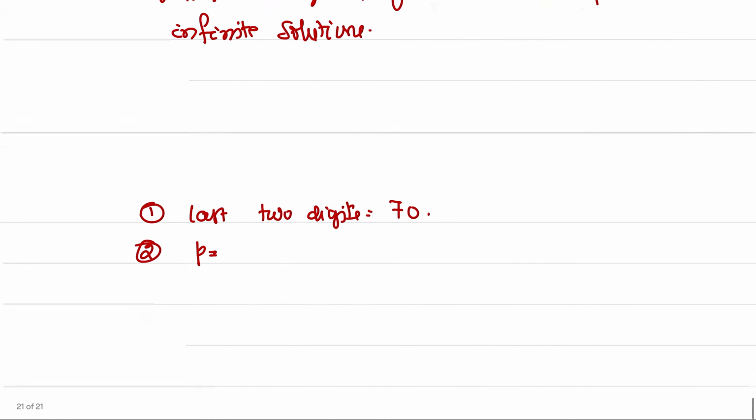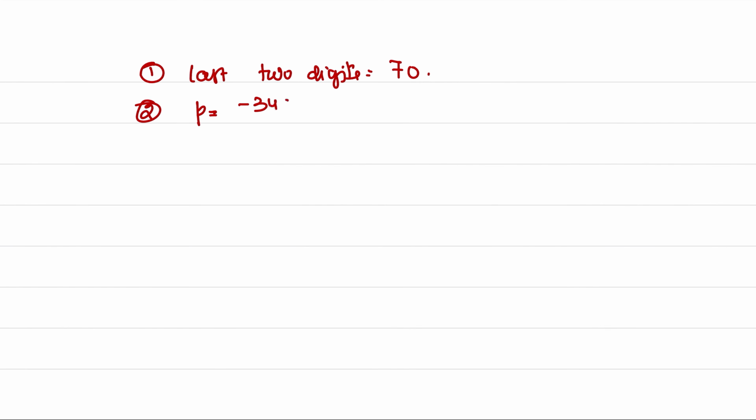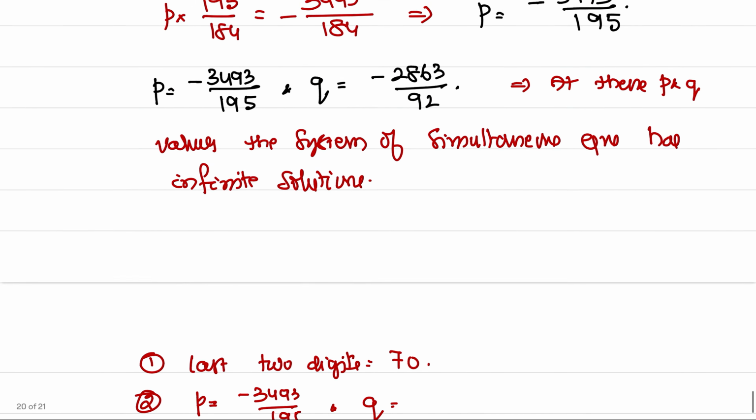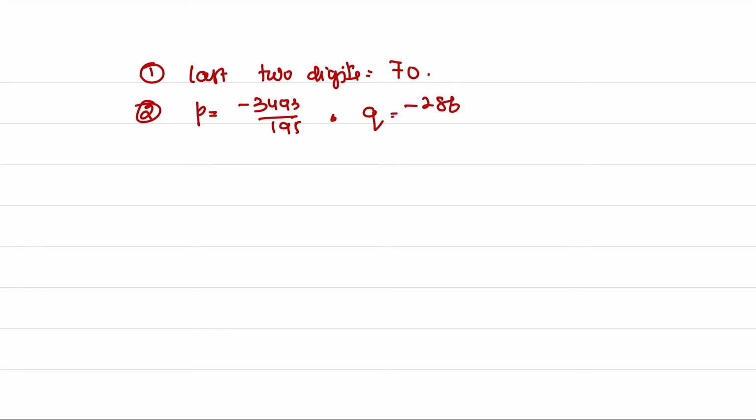First question answer, last two digits is equal to 70, and for the system of simultaneous equations to have infinite solutions, P is equal to minus 3493 by 195 and Q is equal to minus 2863 by 92. System has infinite solutions.